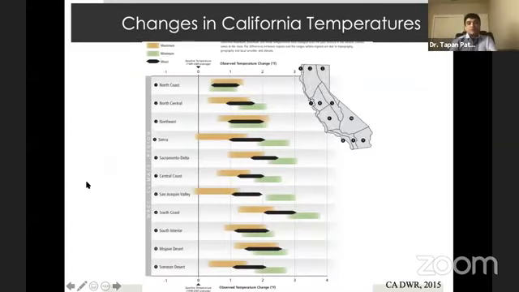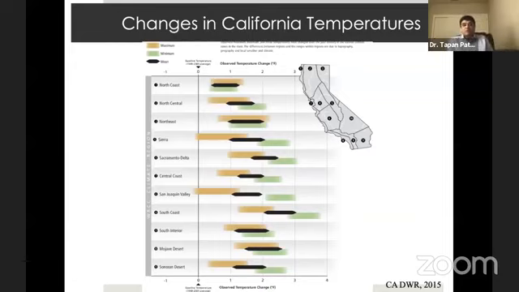This is just the same information from a different perspective. If you look at this vertical line, which is the baseline average temperature from 1949 to 2005, this orange is the deviation from that average in terms of the maximum temperatures, and the green is the deviation in the minimum temperatures.